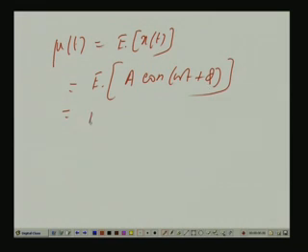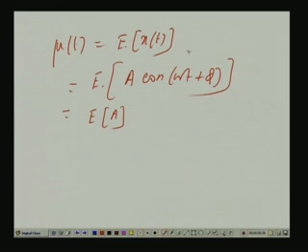That means the integral breaks into two parts: probability density of A times A, integrated with respect to A, on one side, and probability density of phi times cosine omega t plus phi, integrated from minus pi to pi, on the other. These two give two separate expected values.